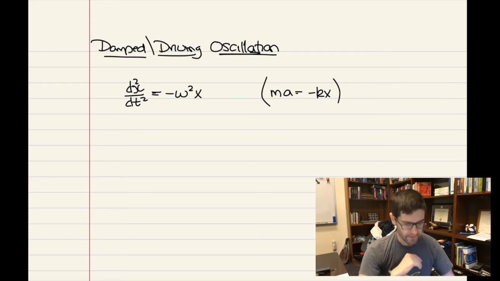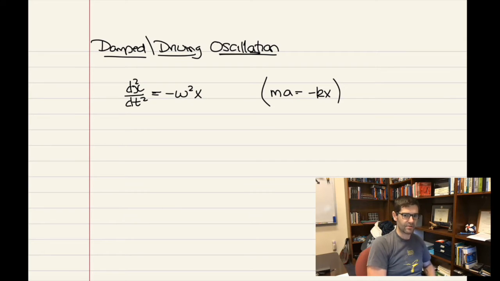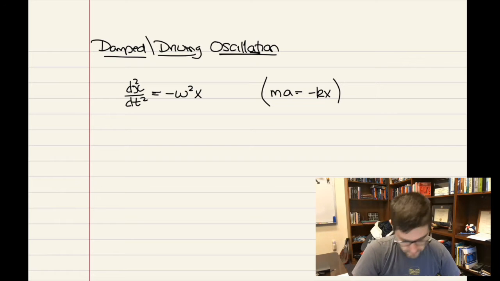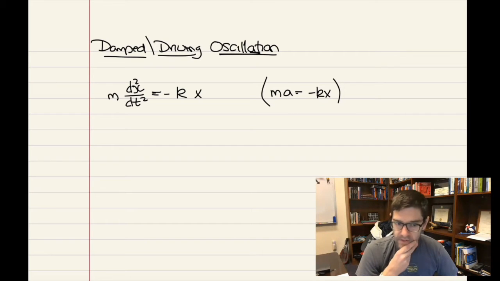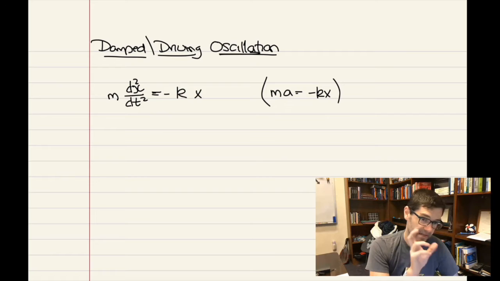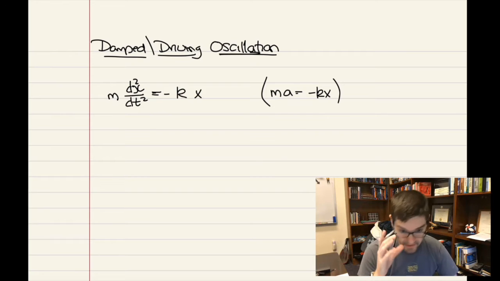That was an example where you could relate acceleration to position by some physical constants. Now I could even throw an m here and then get rid of this, and call it something like k. So then you can think of this: the left-hand side is ma, and the right-hand side is, in this case, just a single restoring force from a spring.